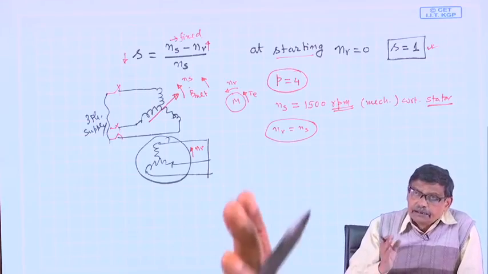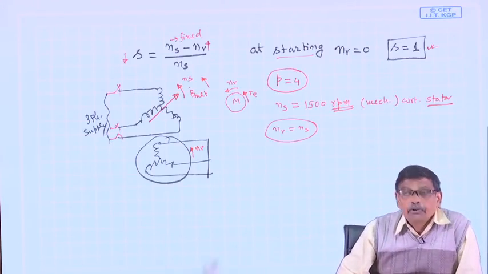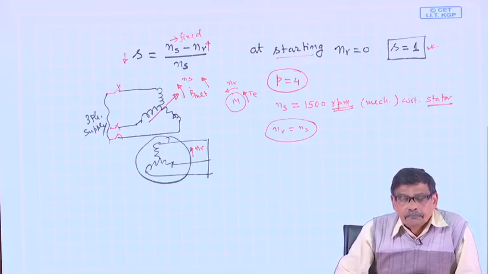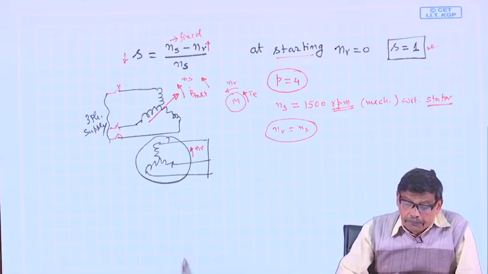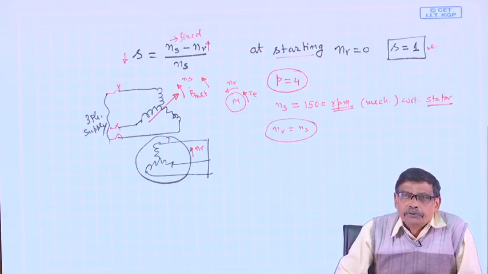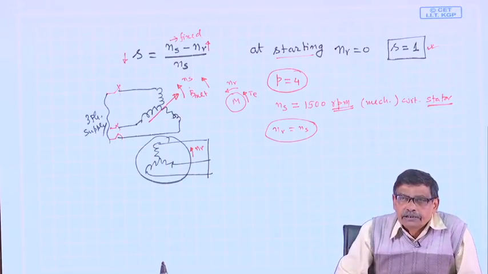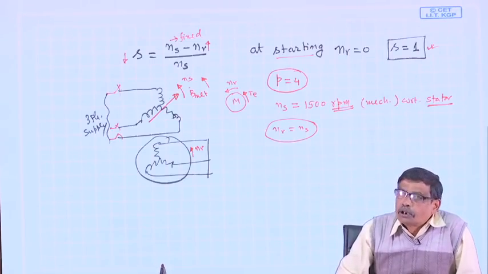It is right at that point, the moment the rotor field reaches Ns, slip will become 0, and if slip is 0, I am sure that there will be no rotor induced voltage, there will be no rotor current.